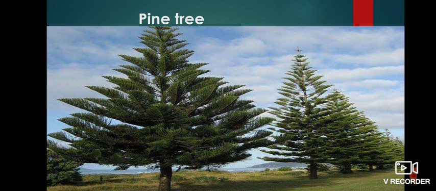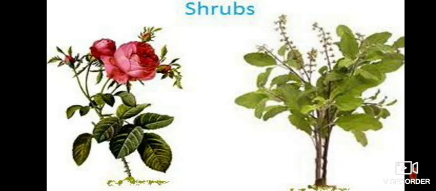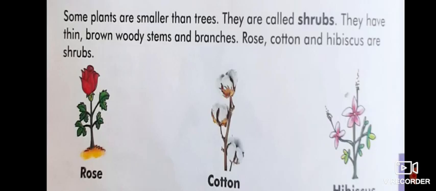All right. Now the next type of plant is shrubs. Now what are shrubs? The plants which are smaller than trees are shrubs. They have thin brown woody stems and branches.